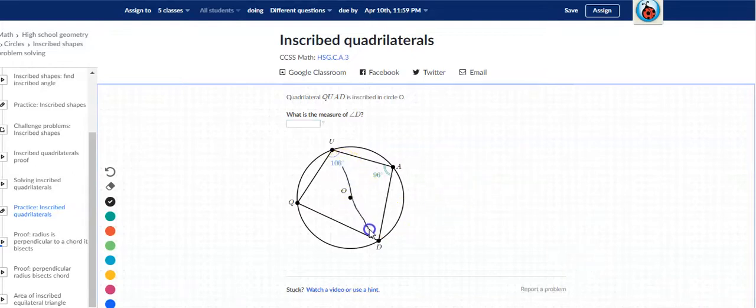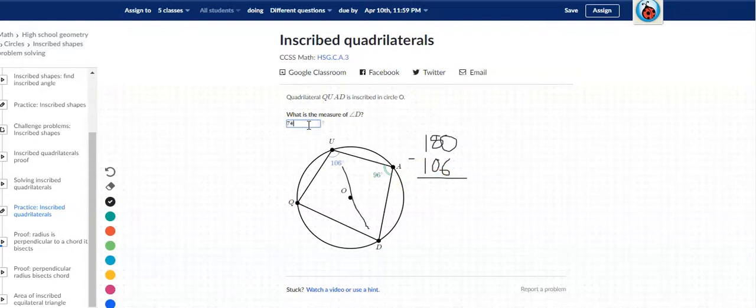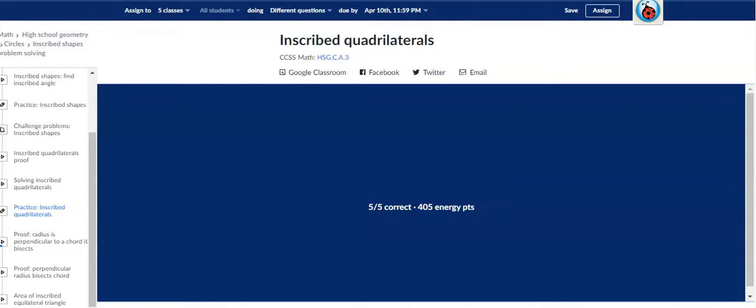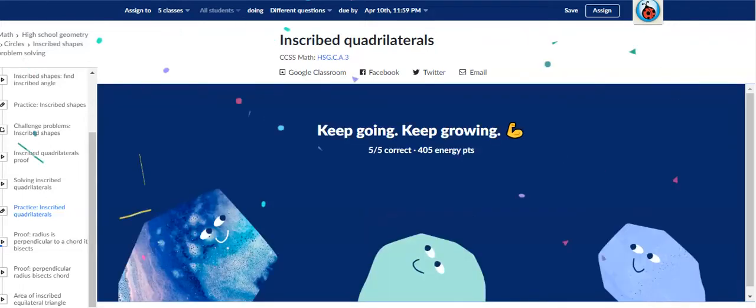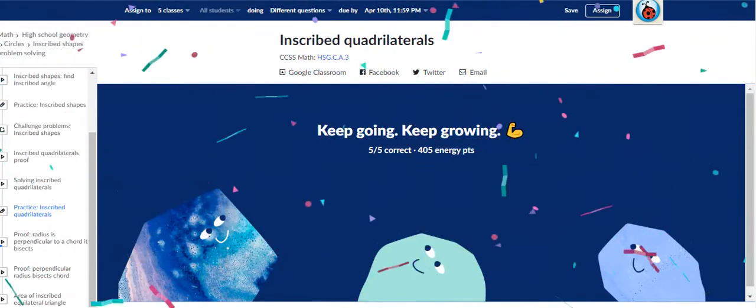And angle D is opposite to the 106, so 180 minus 106, which gives us 74. So that is the end of that section.